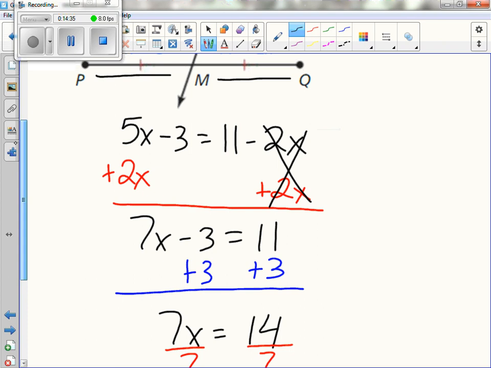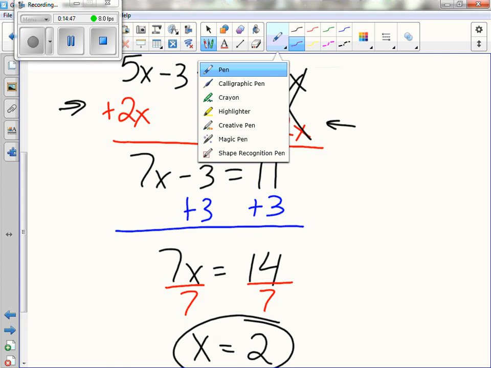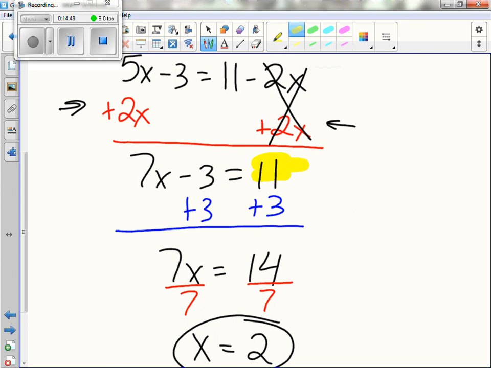And we did that by first setting them equal to each other. We wanted to get x by itself. So our first step here was to add 2x to both sides, which got x out of the right-hand side. There's no more x's. They're all on this side here.